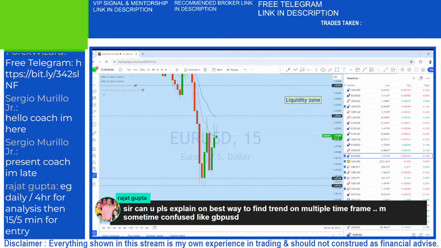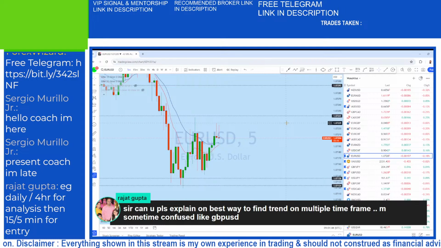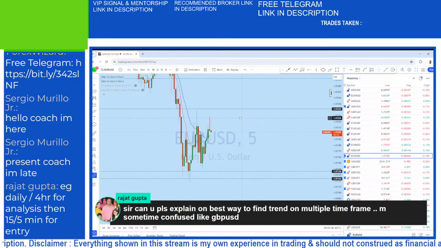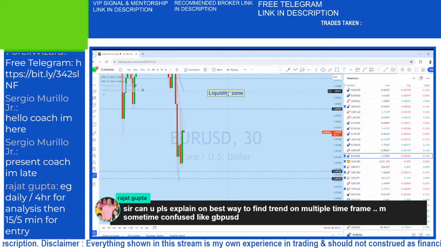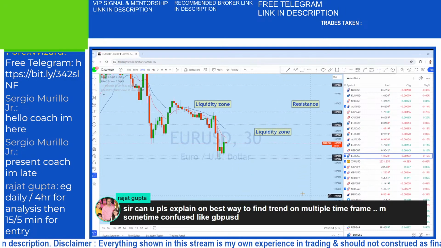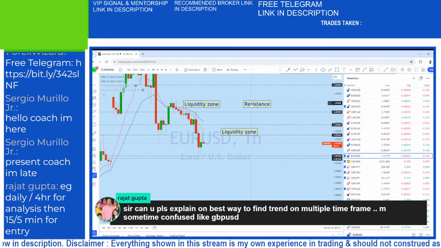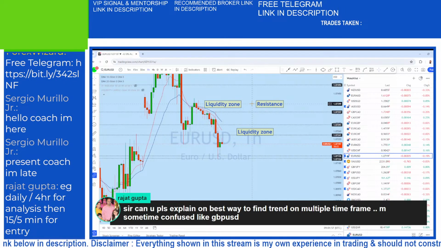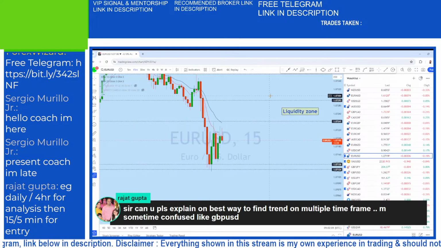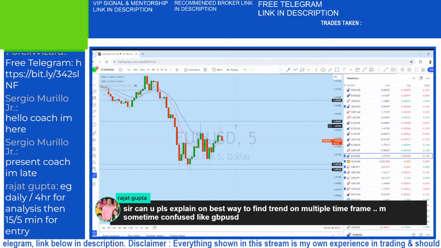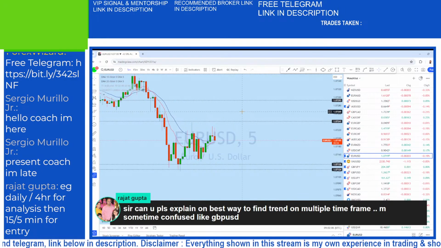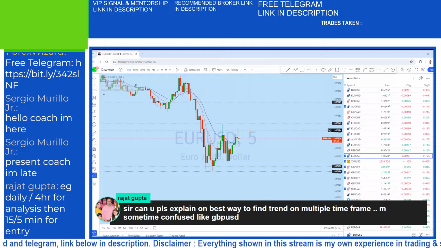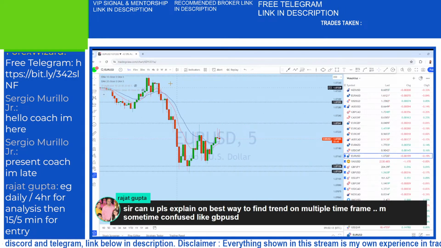Okay, so here euro dollar from a doji, I need to see further liquidity grab before we look for any entry.